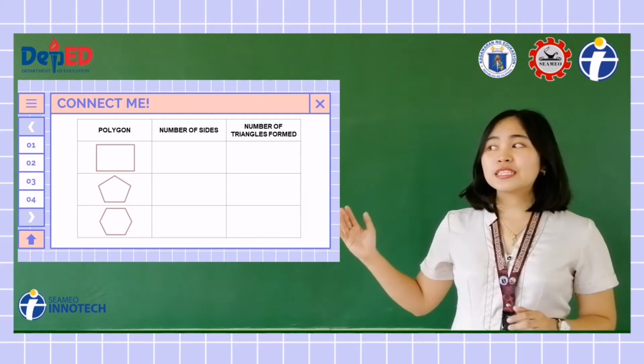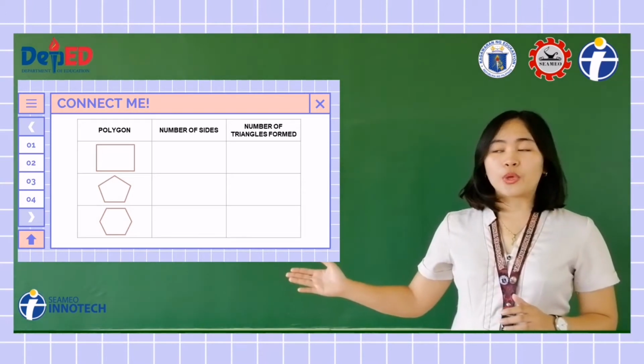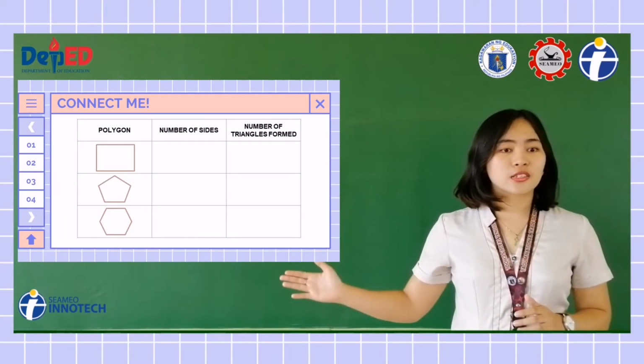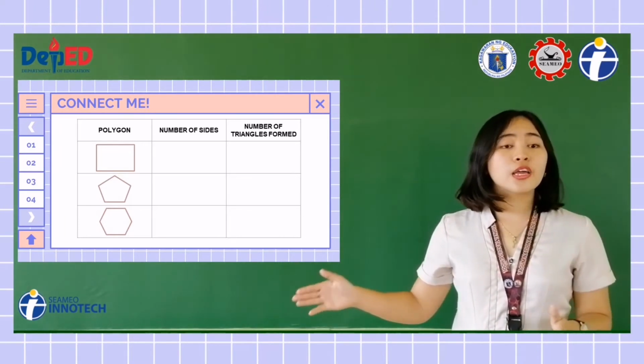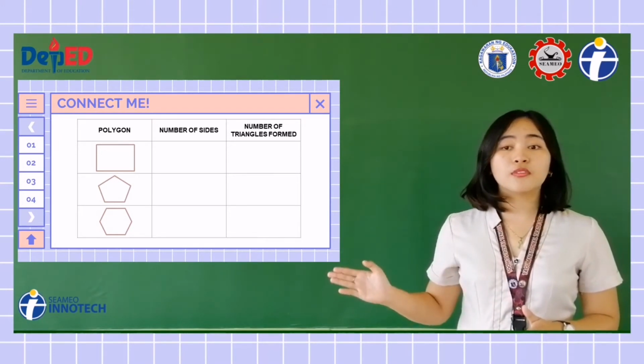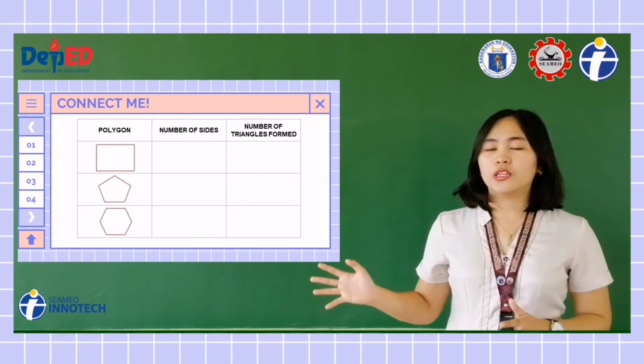Okay, so in this activity, Connect Me, we have polygon, sphere, pentagon, and hexagon. So we're going to identify the number of sides as well as the number of triangles being formed in a polygon.